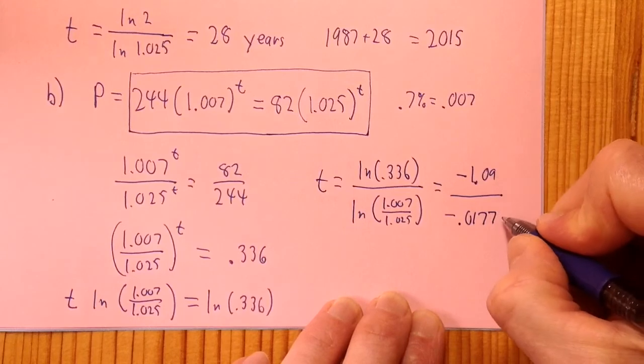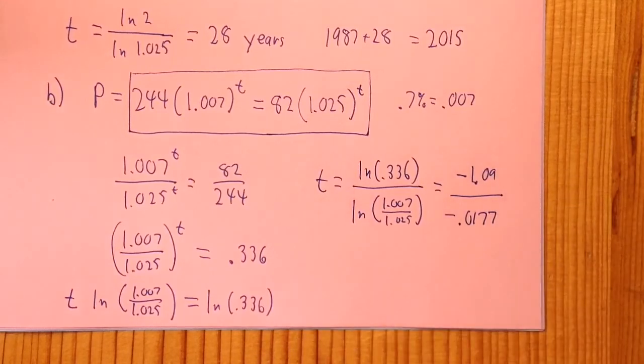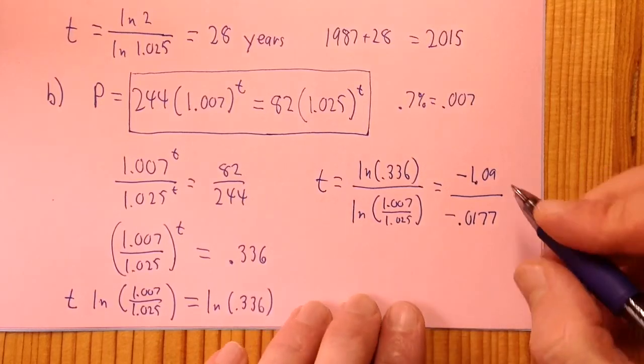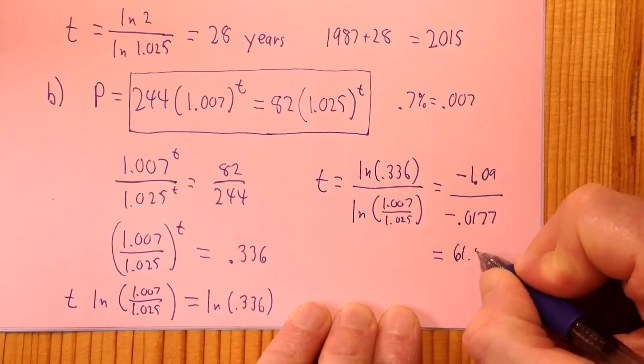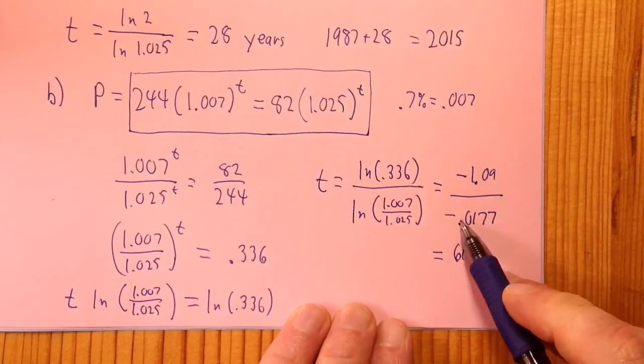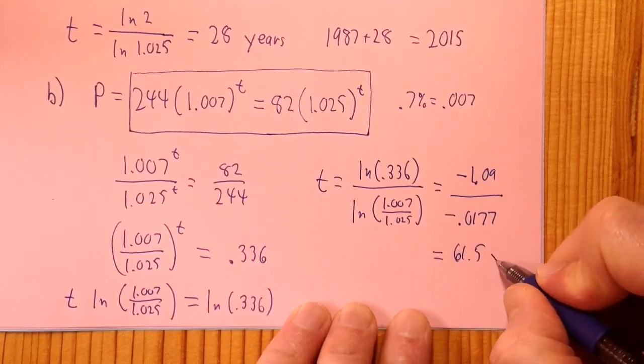And you really should keep lots of decimal places. I think that's good enough. And I get 61.5 years roughly. 61.5 years. Notice the negatives cancel, which is good. The math works out.